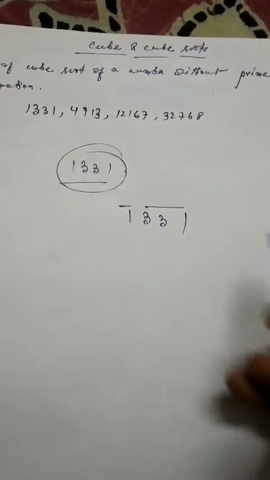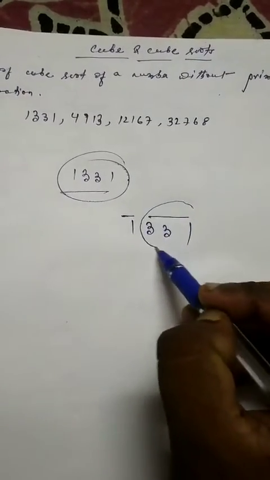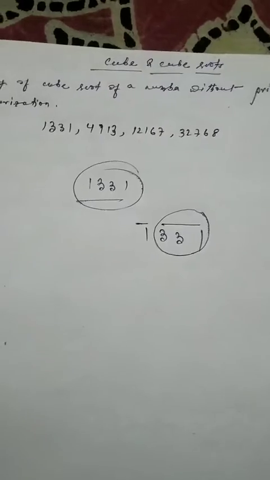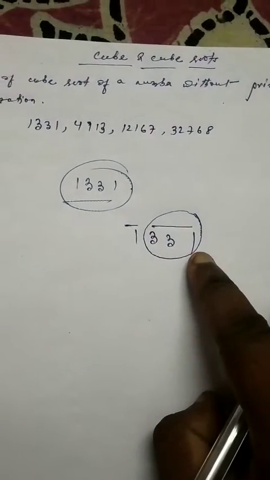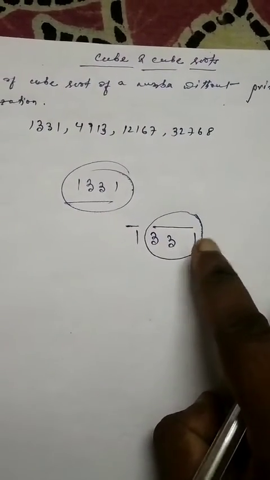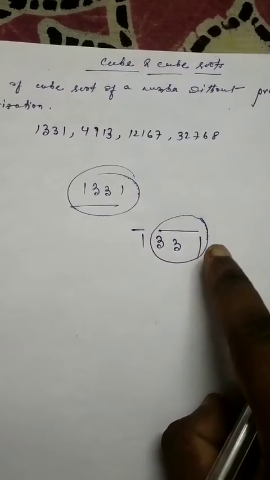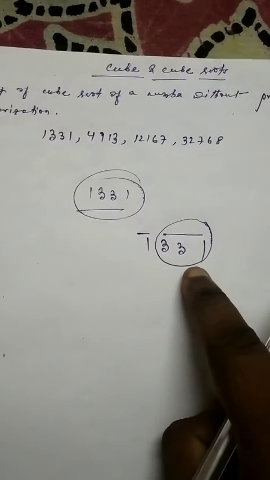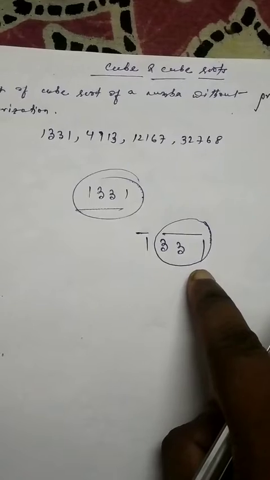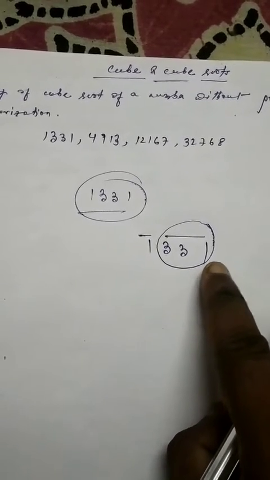In this particular group, what is the first digit? The unit digit is 1. The unit digit of this group is 1.